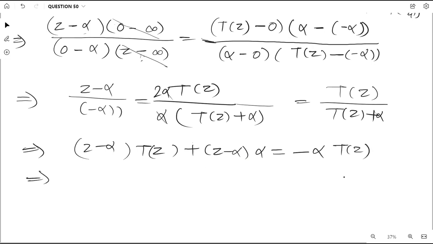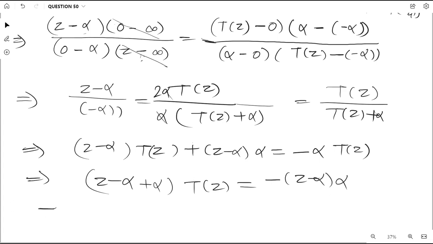Let's take T of z on one side. We get (z minus alpha plus alpha) into T of z is equal to minus (z minus alpha) into alpha. So minus alpha plus alpha is 0. So T of z is equal to minus alpha into (z minus alpha) divided by z.